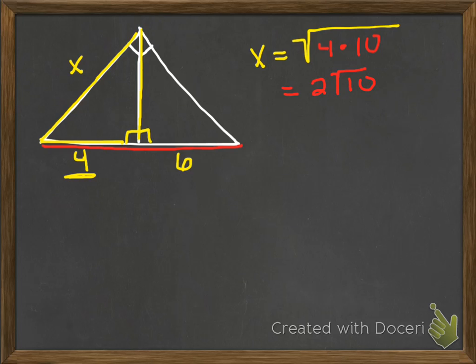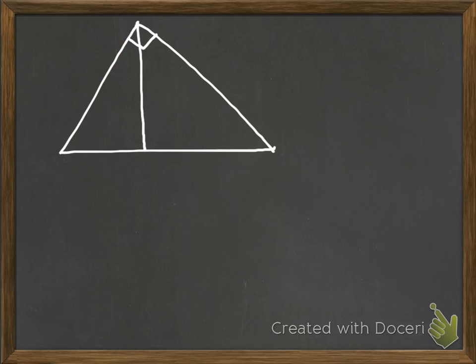Okay, so let's do another example, and this one we'll do on this side. So here's x. Let's say this is 3, and the entire distance is, let's say, 9.